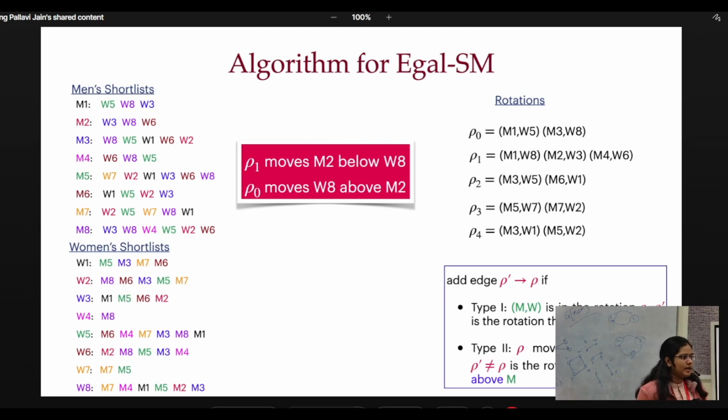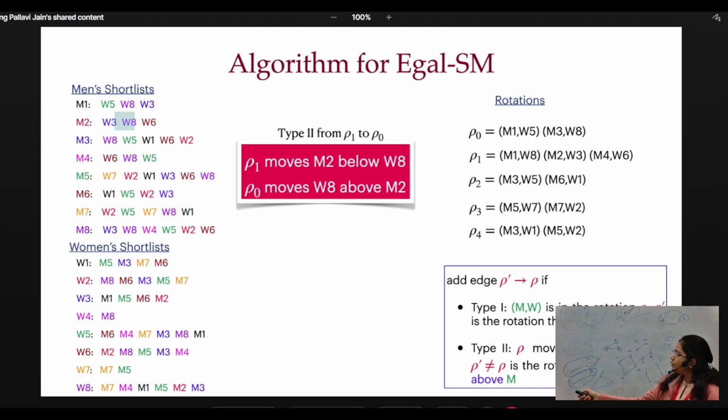Why is it happening? Because something happened with W8. W8 is not even there. It moved to W6. Why? Because in rho 0, W8 moved from M3 to M1.